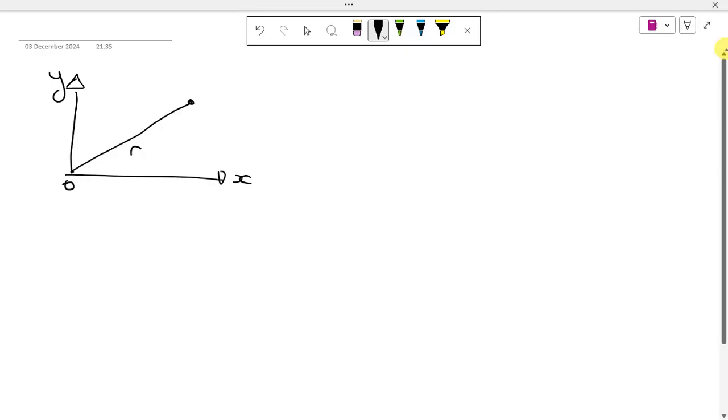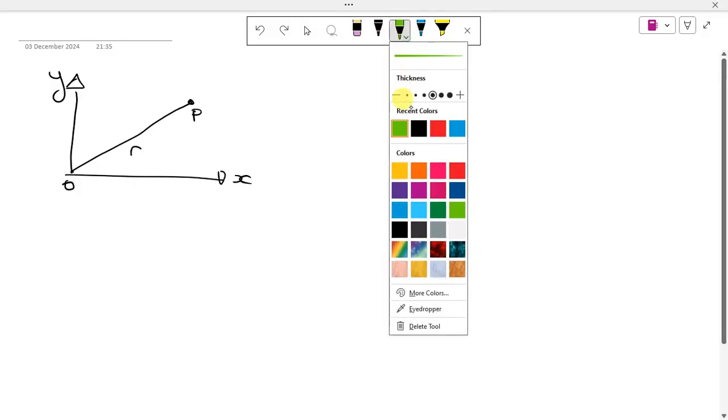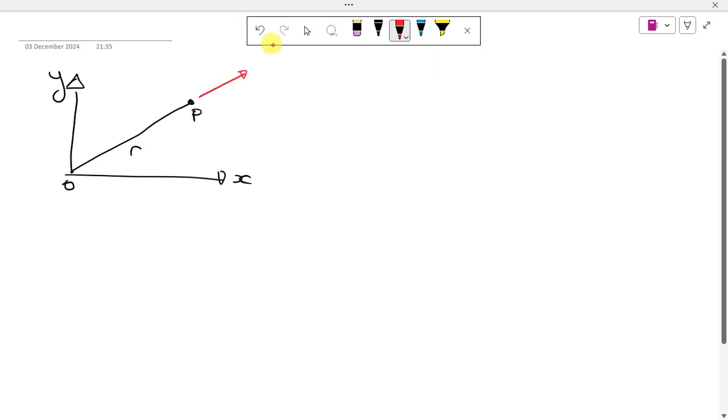So this planet, which we'll call P for planet, has a radial component. I'm going to draw that probably in red. So that has a radial component pointing outwards, which we'll call r hat.